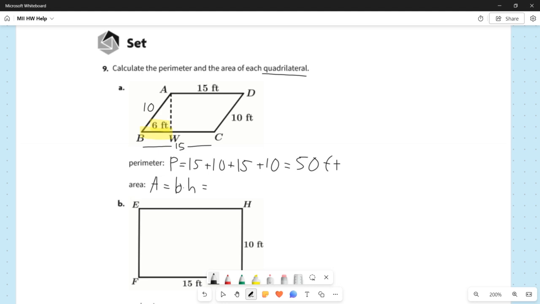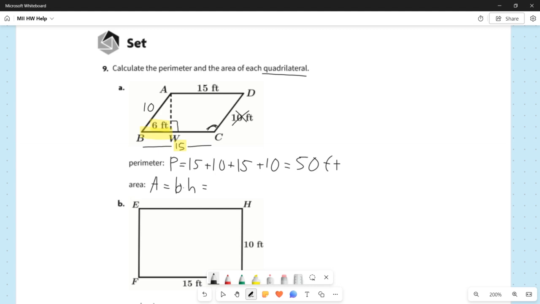So notice that in this picture, if we treat 15 like our base, then the height is this dotted line because it needs to form a right angle. This 10 does not form a right angle. This angle right here is not a right angle. So we can't really use the 10 for our height. We need the dotted line.